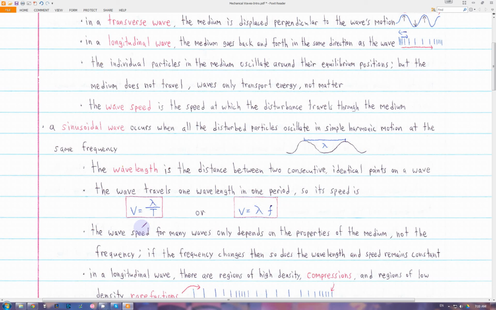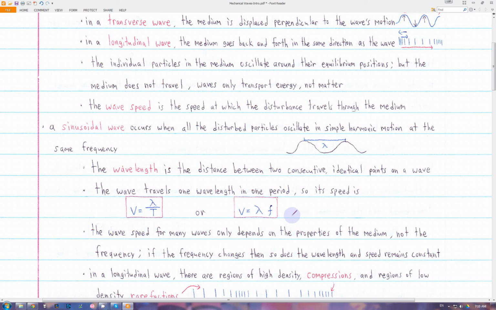And so for mechanical waves, the wave speed only depends on the properties of the medium that it's traveling through. It does not depend on the frequency or any other thing such as the amplitude, period, etc. Because if the frequency changes, then the wavelength also changes. For example, let's say the frequency of the wave is increased.